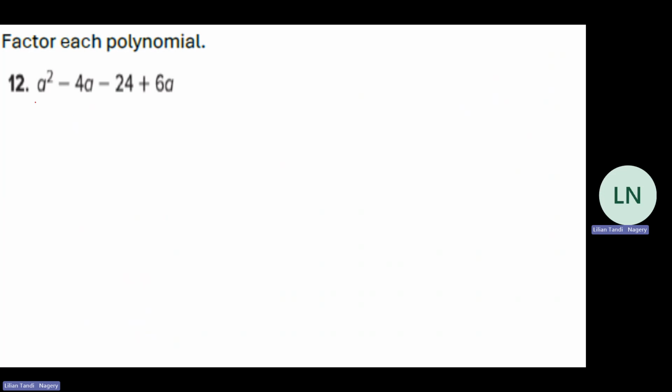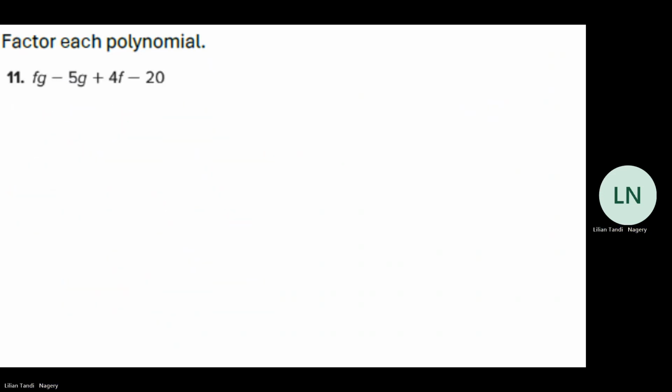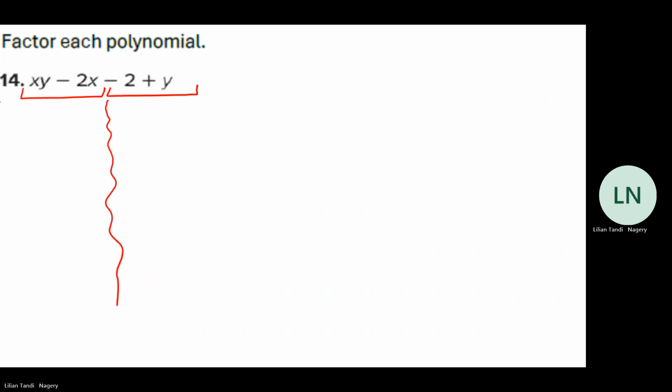Okay, let's do this part. Why do I have a feeling I did that? Yes, I did that here. Okay, let's do this. So this is x, y, and here negative 2x.